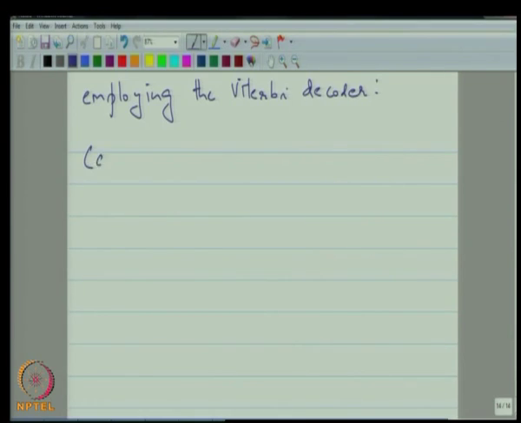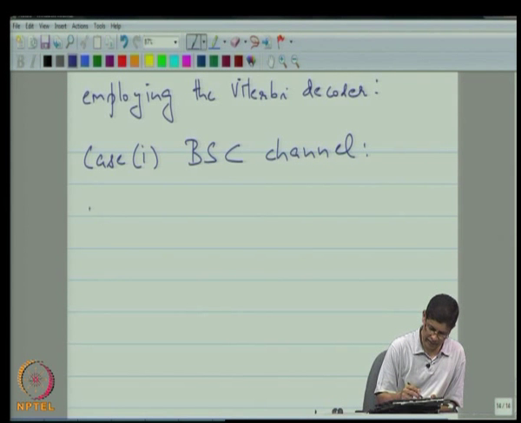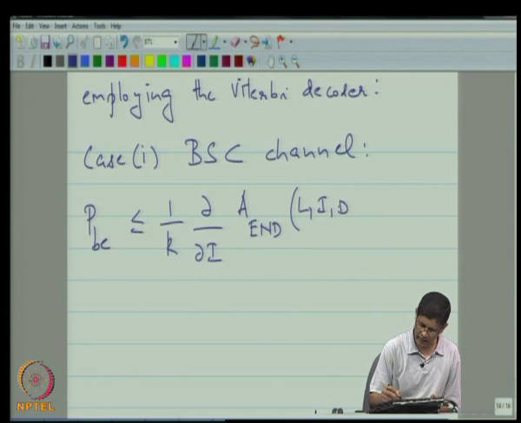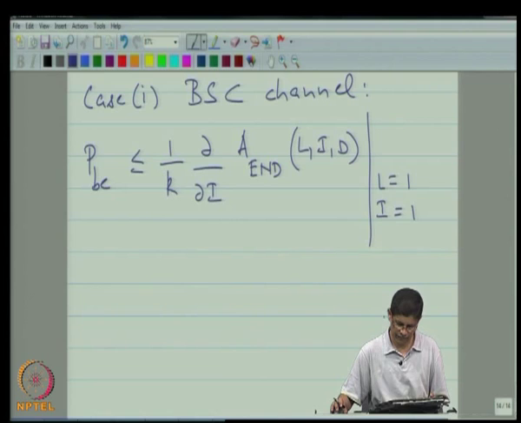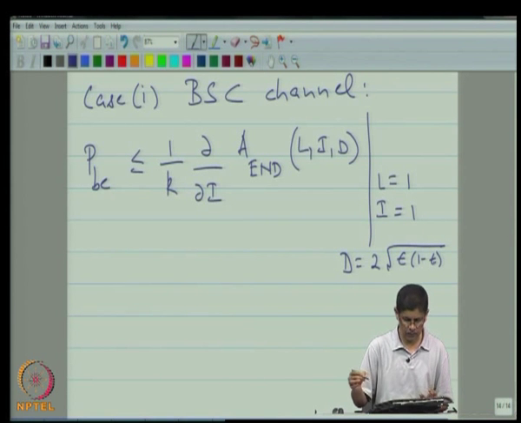So, case 1, in the case of the binary symmetric channel, the probability of bit error is less than or equal to 1 upon k times del by del I of A and L I D, where after differentiating, you set L equal to 1, I equal to 1, and D equal to twice root epsilon into 1 minus epsilon.